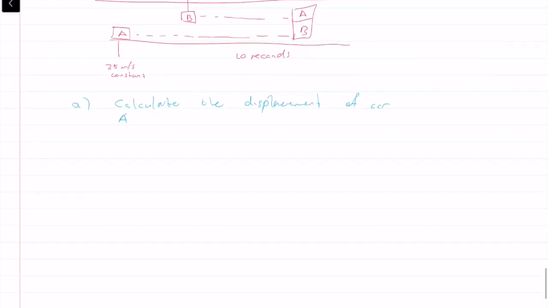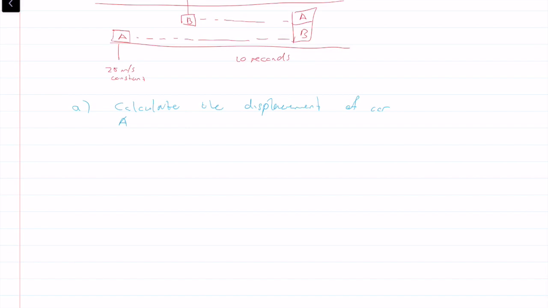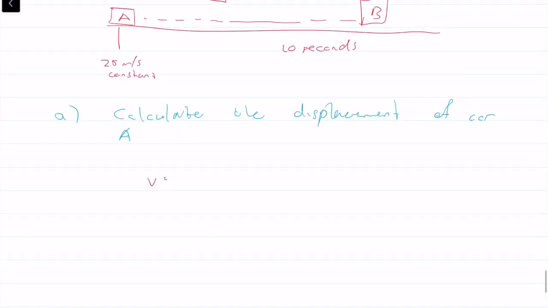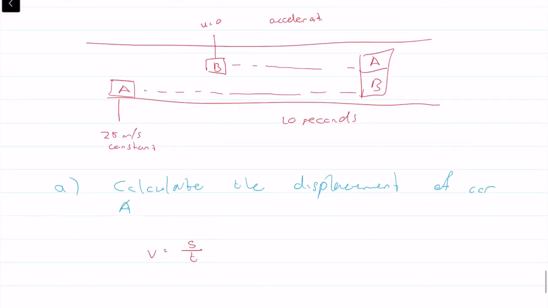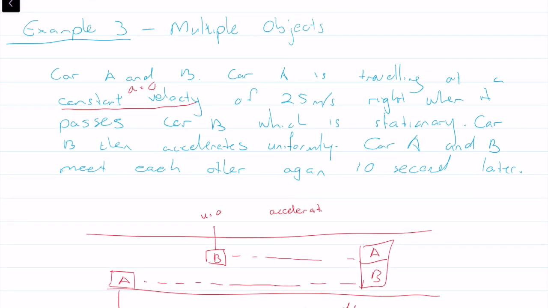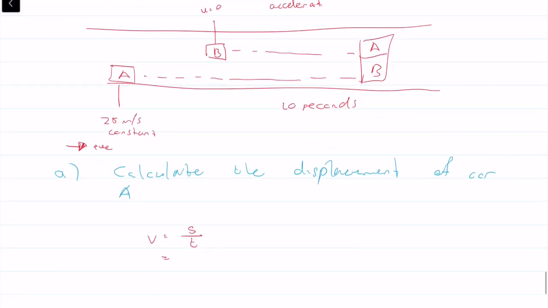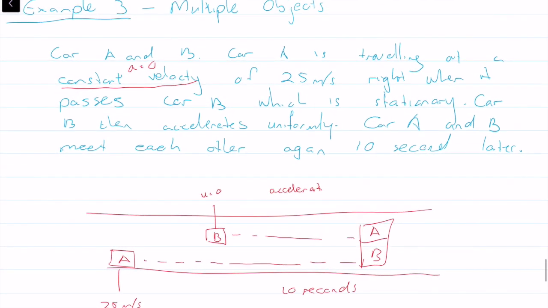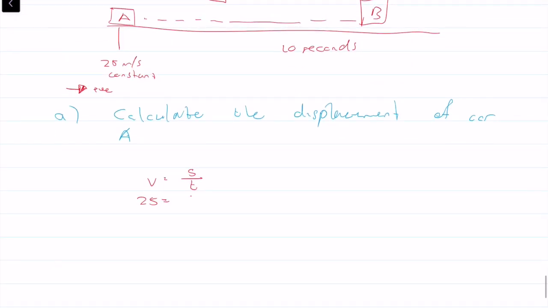For this, quite easy, we use velocity equals displacement over time. We know the velocity, and we're taking right as being positive. The velocity was 25 meters per second, and the time is 10 seconds. So we can solve for S is equal to 250 meters. It came out positive, so it has to be right.